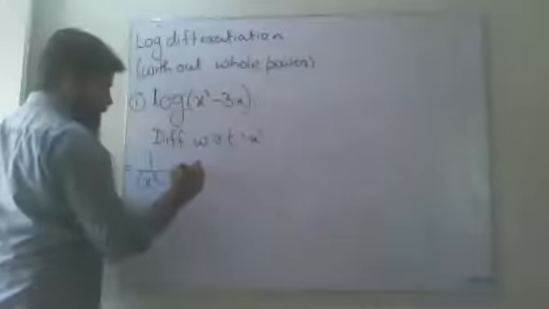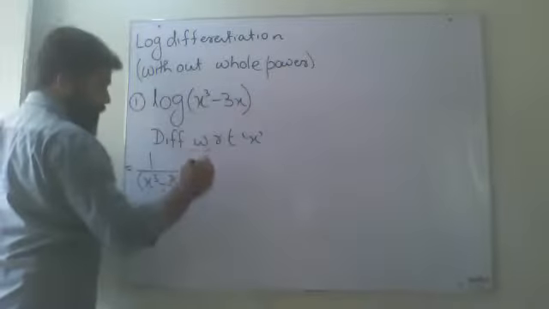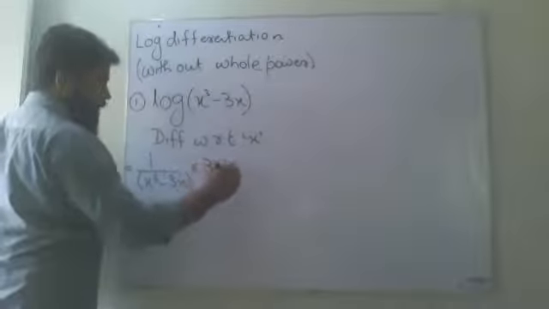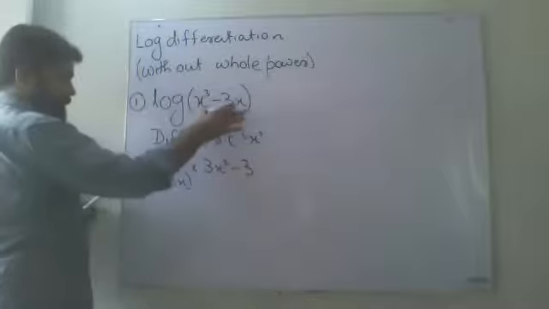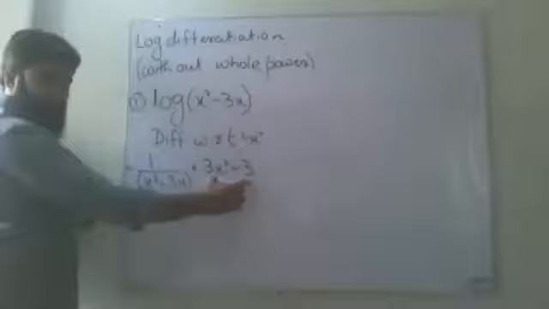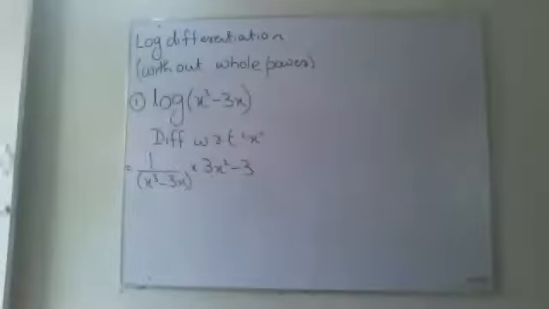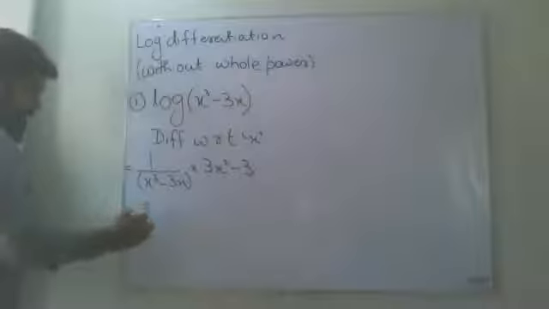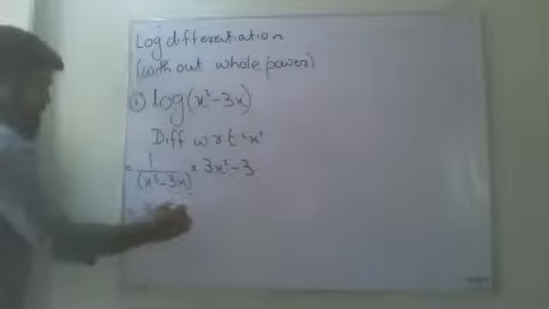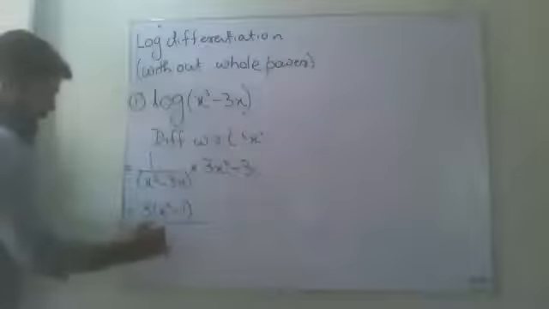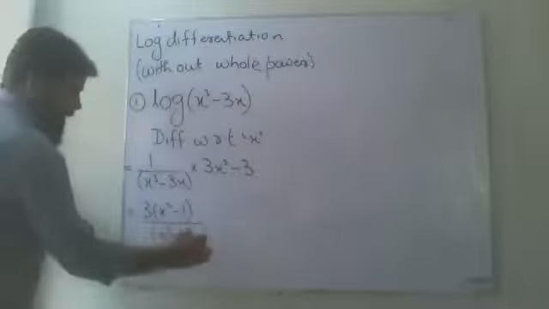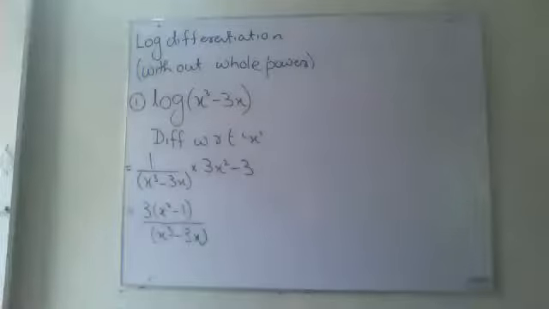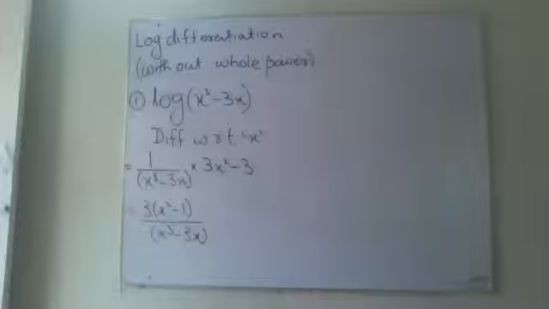So this will become 3x squared minus 3. Last thing says take the product. So this thing multiplied by this thing, 3x squared minus 3 over x cube minus 3x. This is how you are going to multiply.